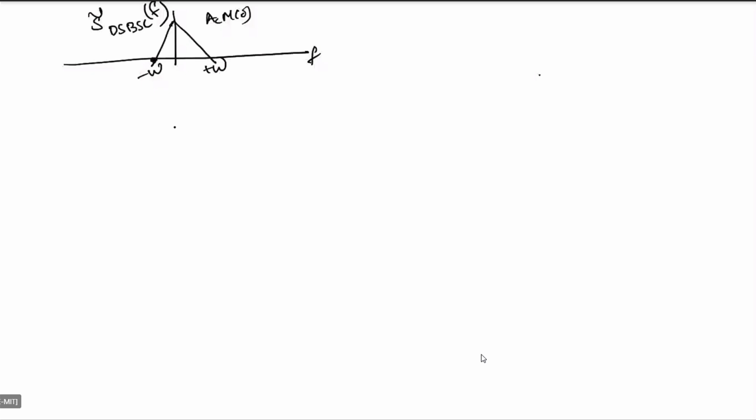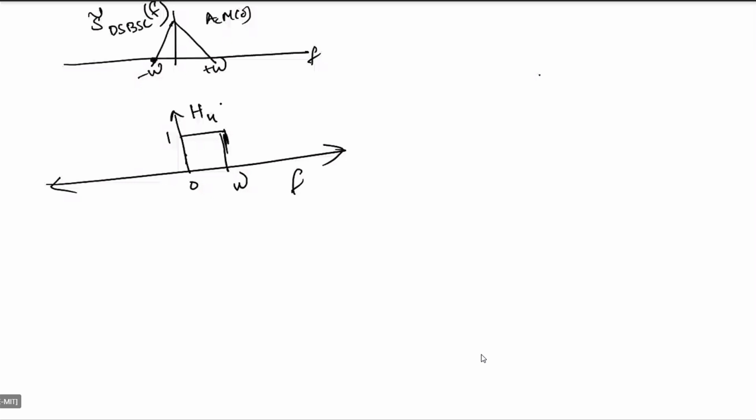If I am filtering using a filter like this, with this being W, let us name this filter H_U(f).